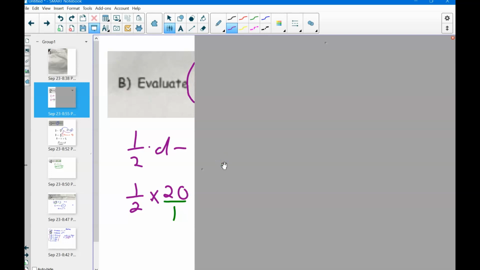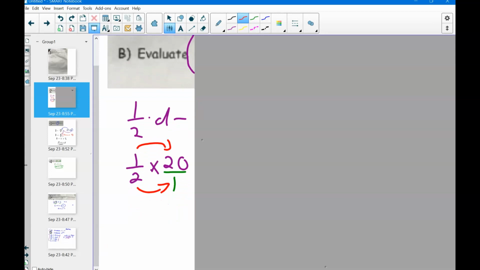And if you remember fractions, you multiply fractions. Multiplying fractions, what you do is you multiply the top times the top and the bottom times the bottom. Not that hard. So what that means is that the next line is going to look like this. 1 times 20 is going to give us 20.